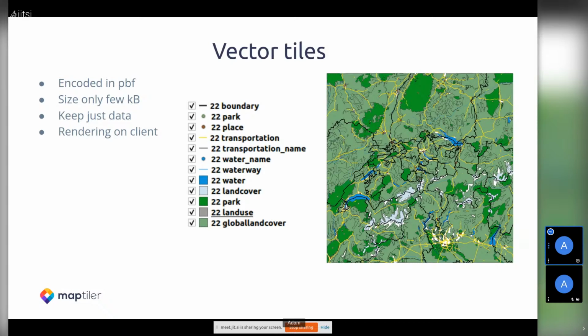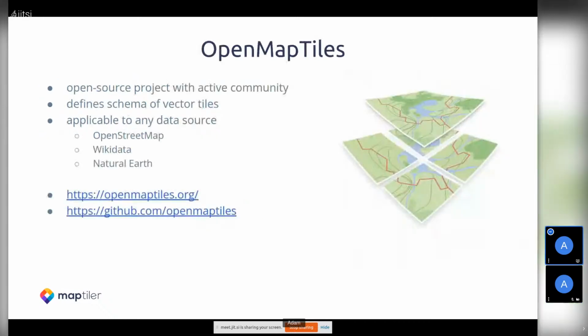So as you can see here on the picture, it has no visual context or any look or feel. It's just the data which are saved into different layers. There are line layers, point layers, polygon layers.